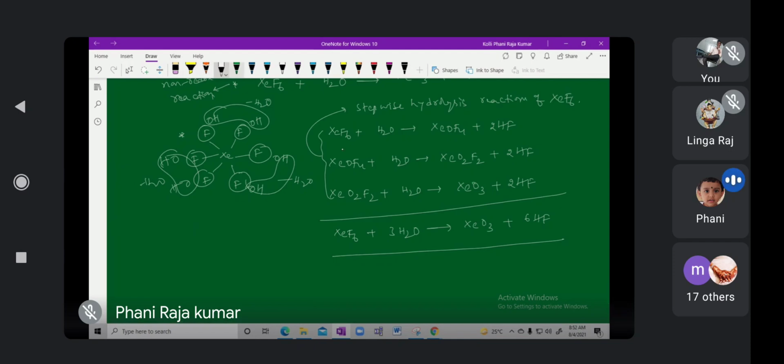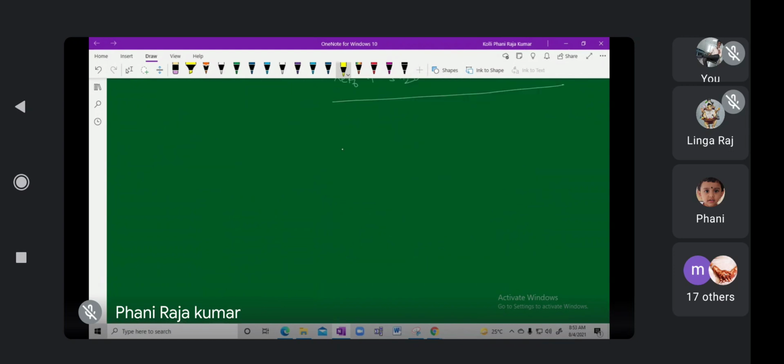Two important intermediate compounds, please highlight. One is XeOF4, another one XeO2F2.